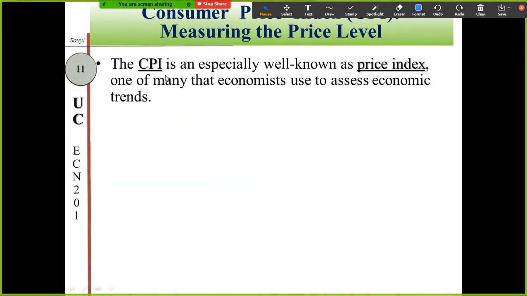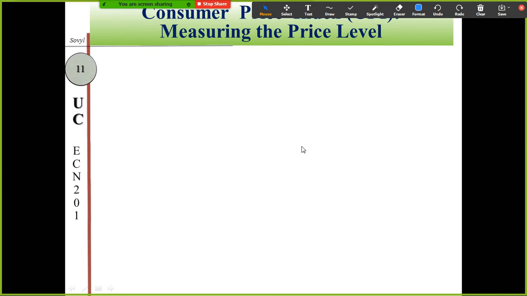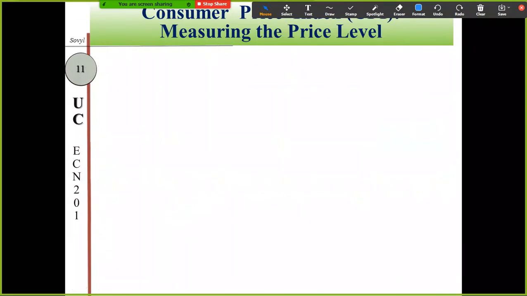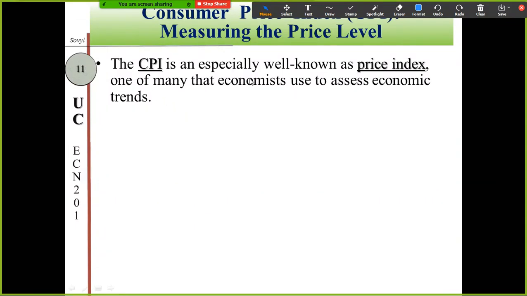The CPI is especially well known as a price index, one of many that economists use in order to assess and evaluate the economic trend in one country, in one economy.